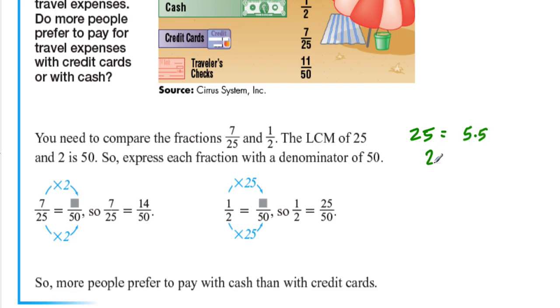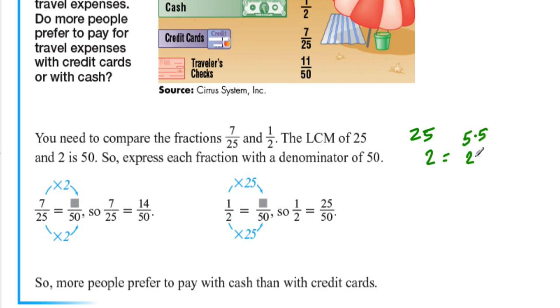The prime factors of 2 are simply 2. There is no common factor except for 1. But since 1 is not a prime factor, we don't write it down.